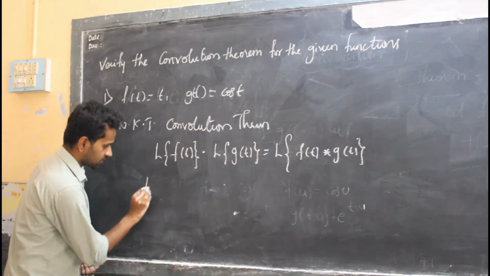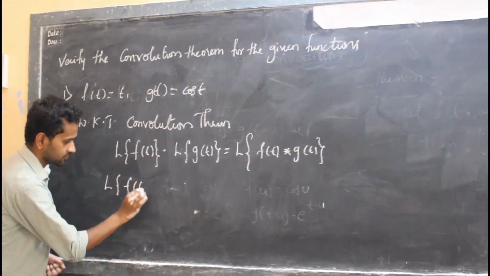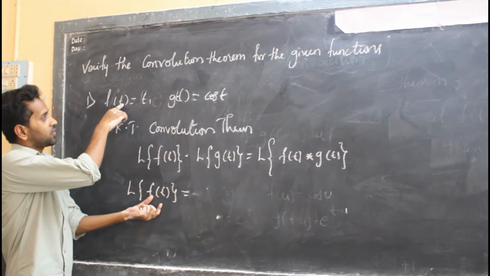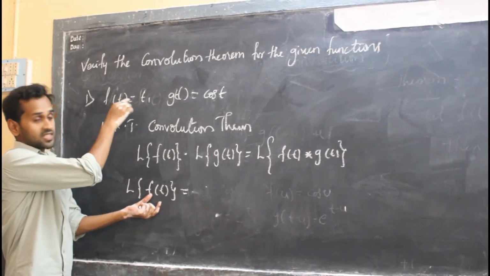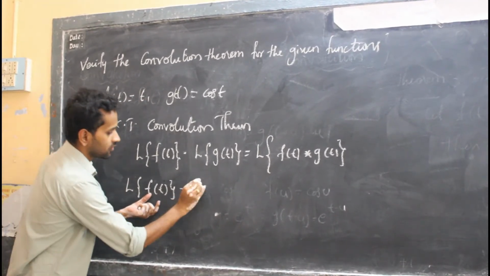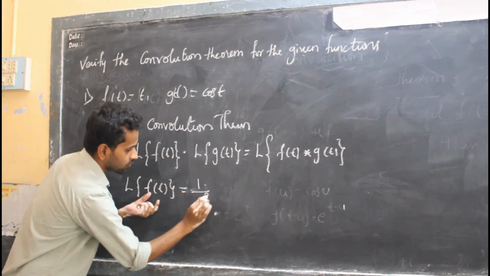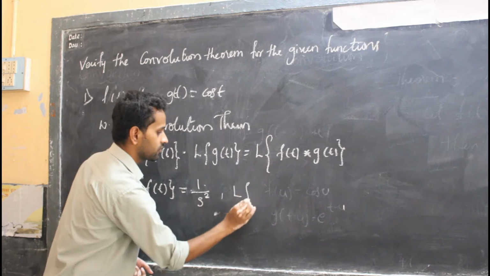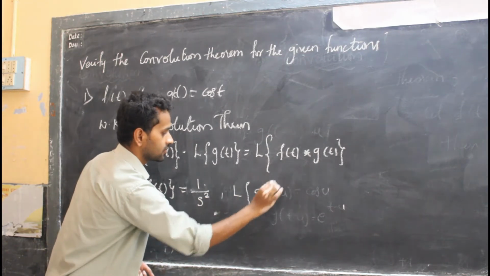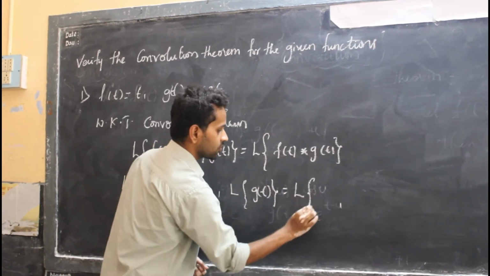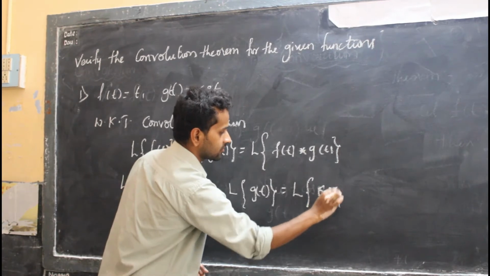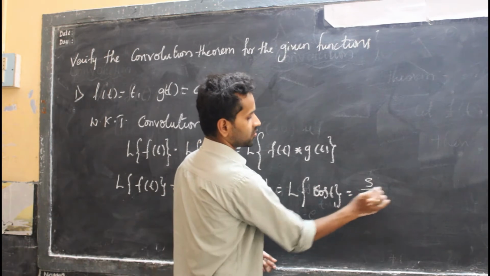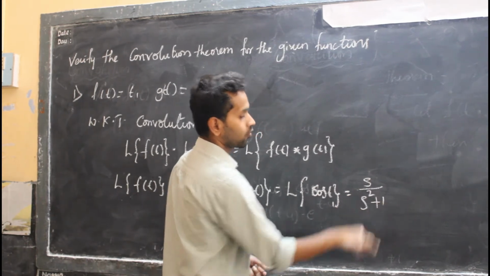Let me consider the left hand side first. What is L of f(t)? The Laplace transform of t. What is the Laplace transform of t? 1 divided by s square. Now the Laplace transform of g(t), that becomes the Laplace transform of cos t. What is the Laplace transform of cos t? It is s divided by s square plus 1.